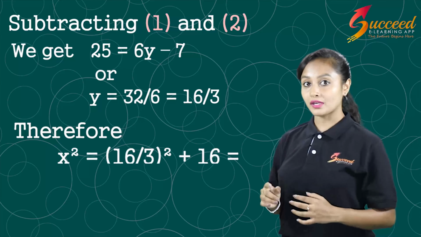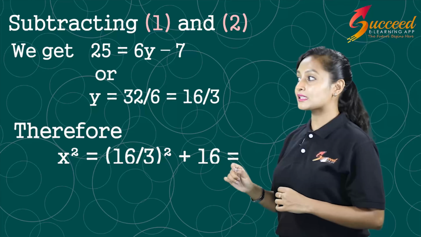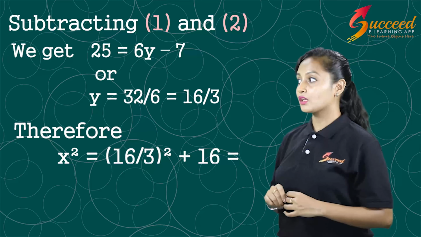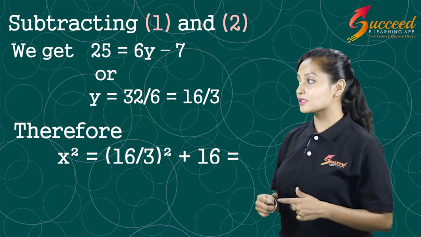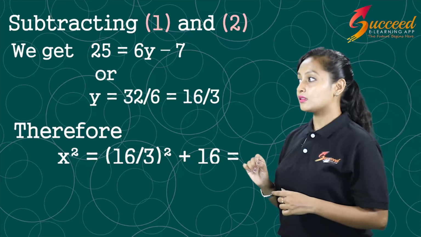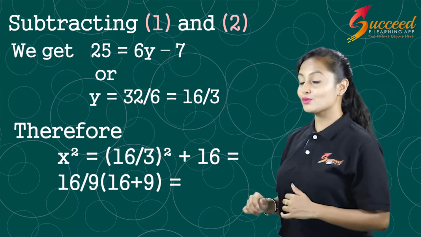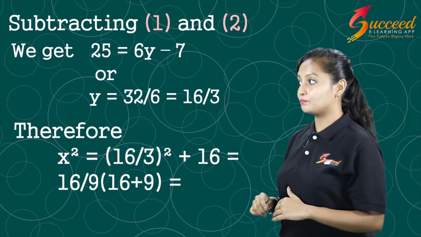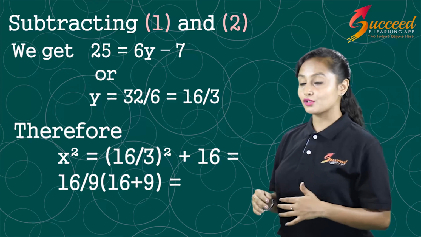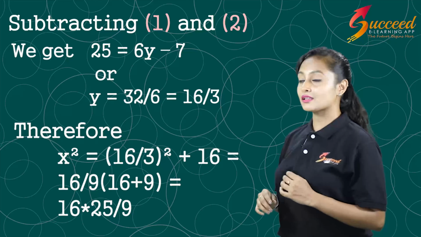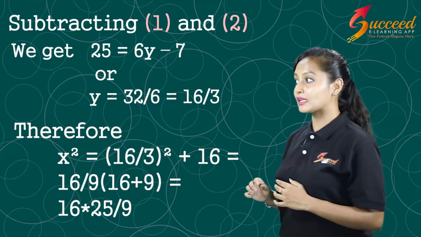Therefore, x square is equal to 16 by 3 the whole square plus 16. Now, resolving this, we get x square is equal to 16 by 9 into 16 plus 9, which is, on substitution, x square is equal to 16 into 25 divided by 9.